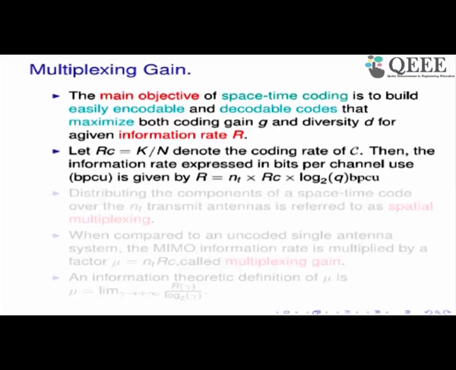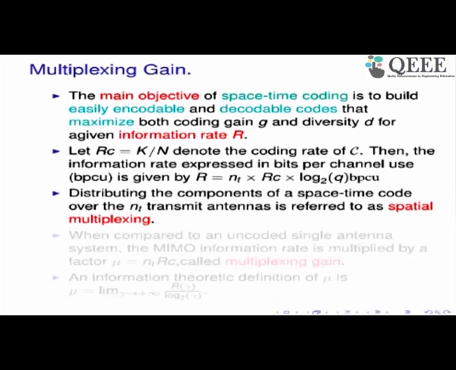Then the information rate in bits per channel use for a space-time code is defined as NT times RC times log Q, where Q is the alphabet size, that is QPSK or QAM or whatever it is. Distributing the components of a space-time code across NT transmit antennas is referred to as spatial multiplexing.